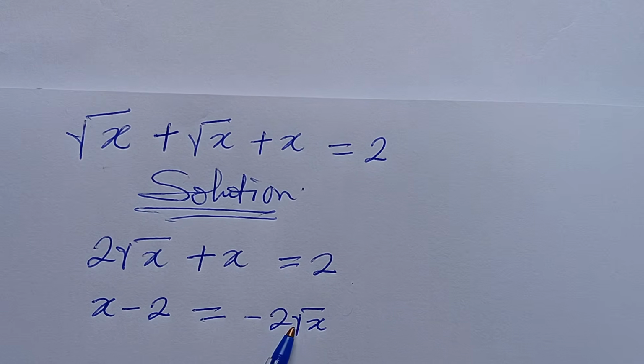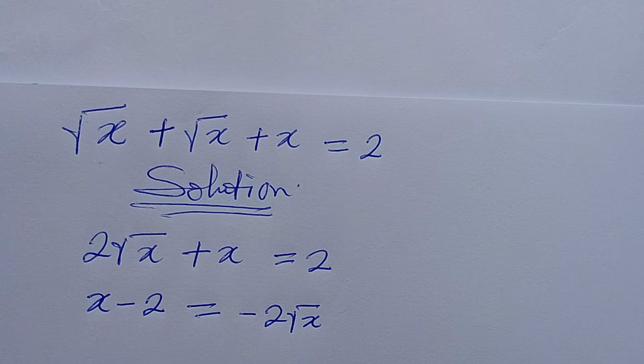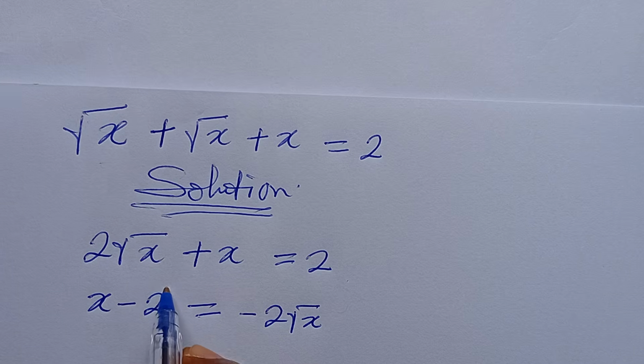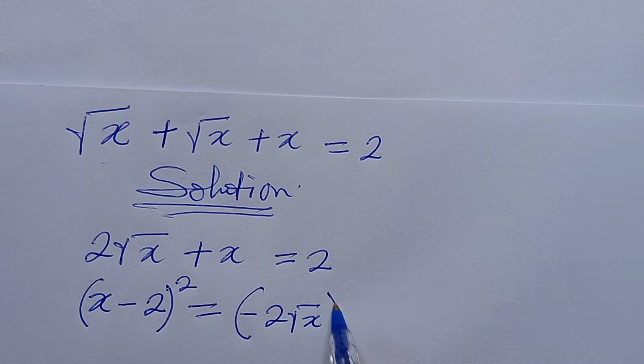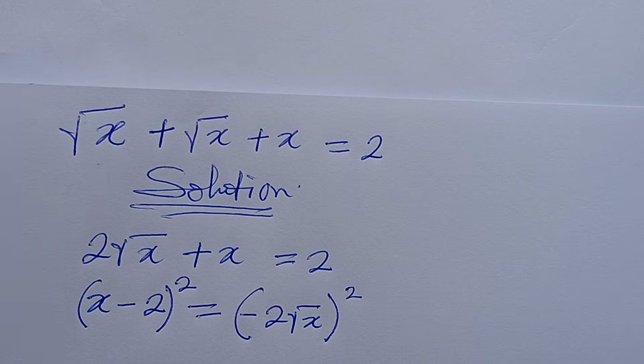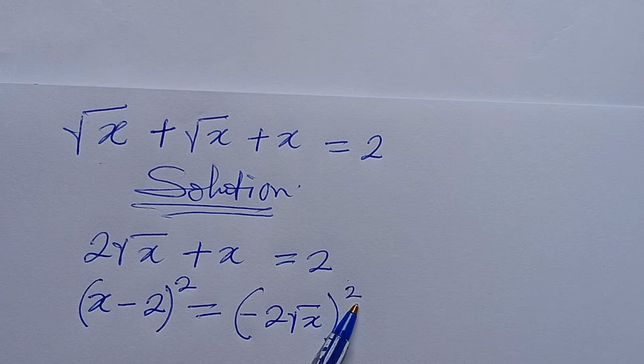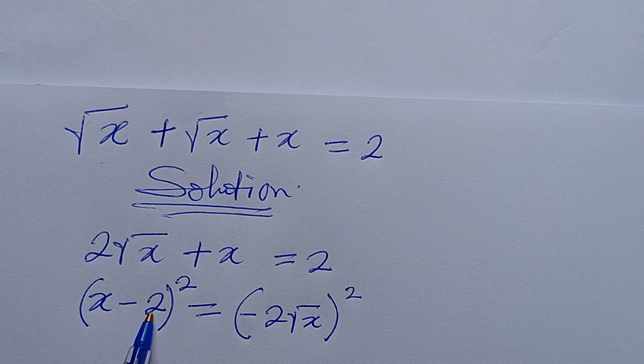And because we want to eliminate this radical, we have to square both sides of the equation. In other words, I'm going to take this to the power of 2, then everything here to the power of 2. So this power will affect everything inside here, and this will also affect everything inside here.